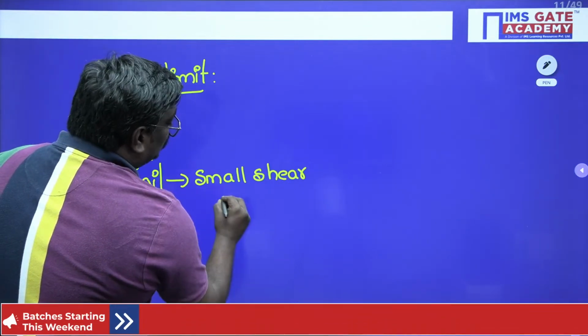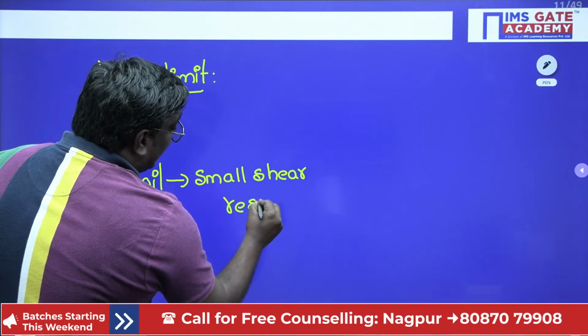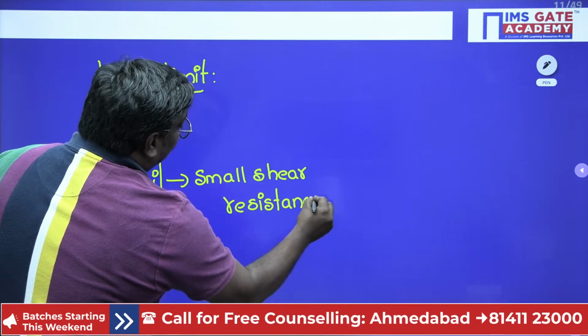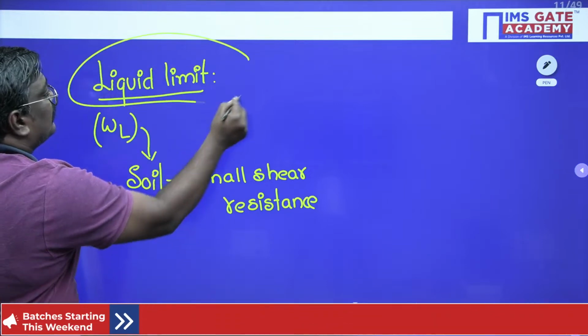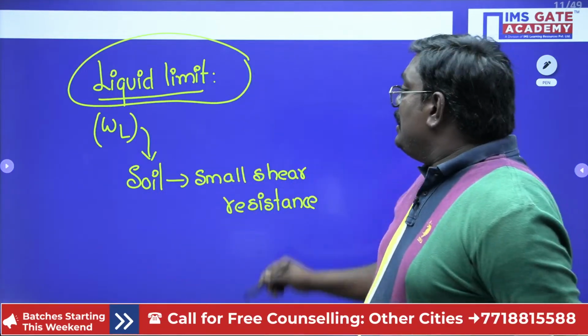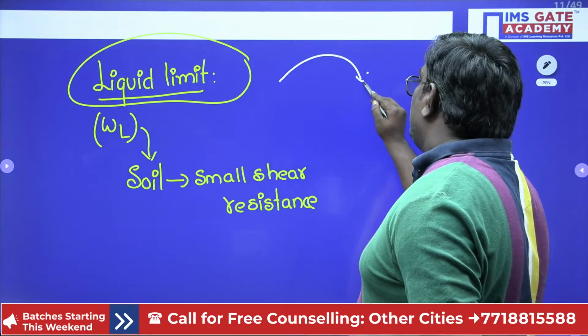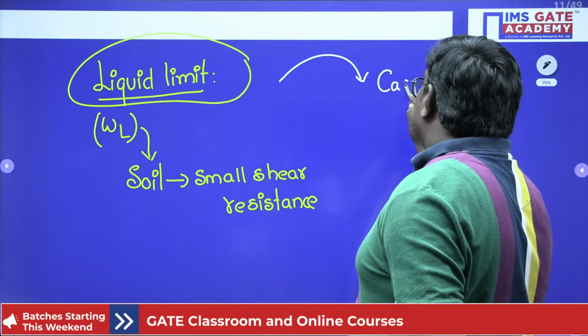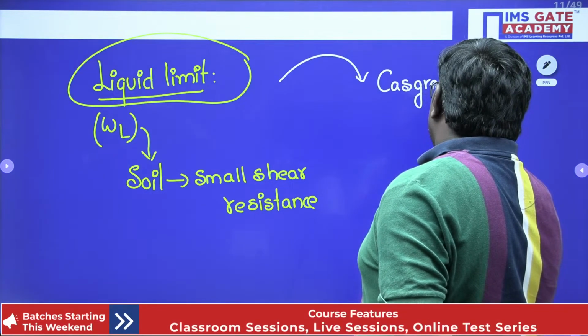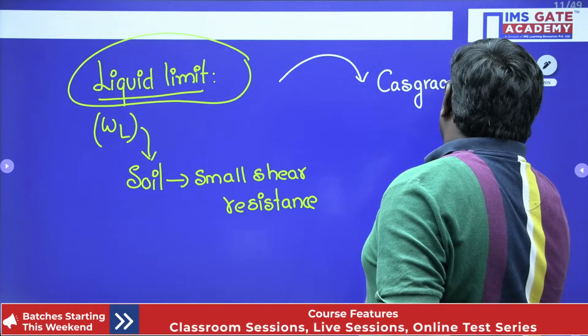So it will have a small shear resistance against the flow. That water content can be considered as a liquid limit. And another important term I would like to tell you, liquid limit is determined by an apparatus called Casagrande apparatus.